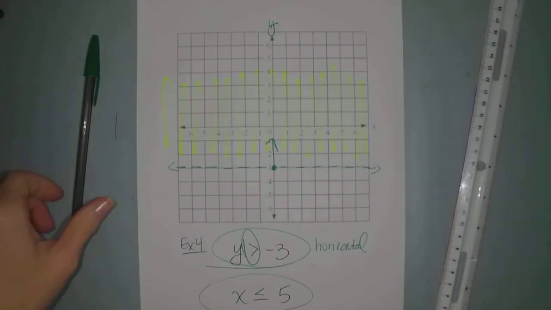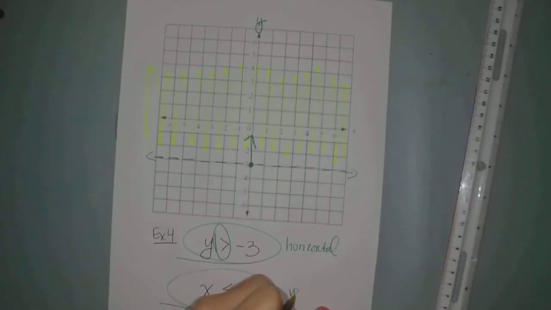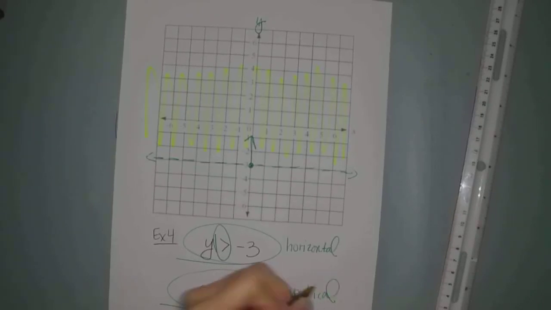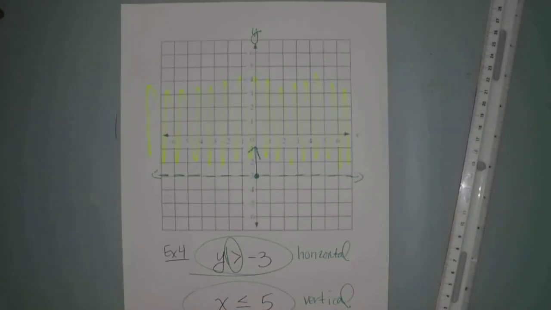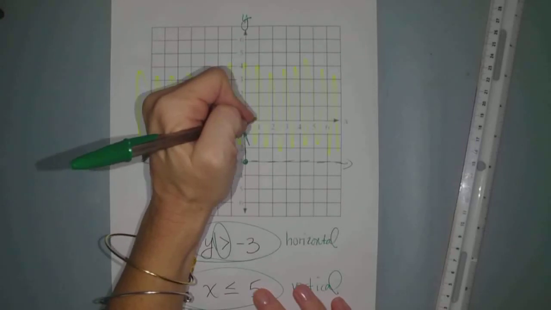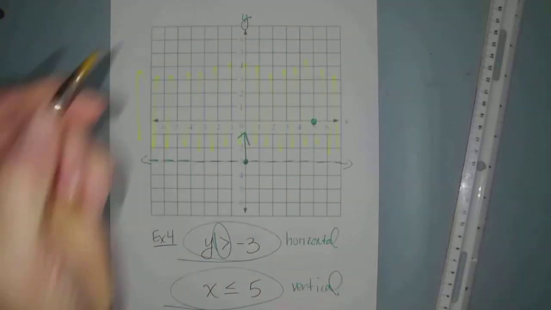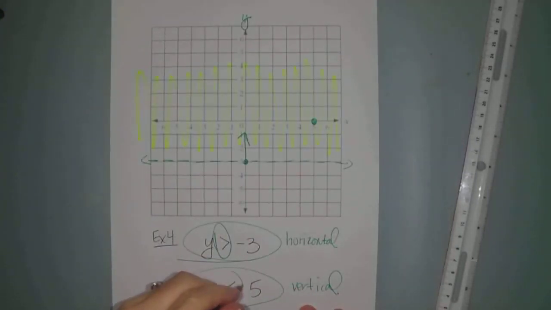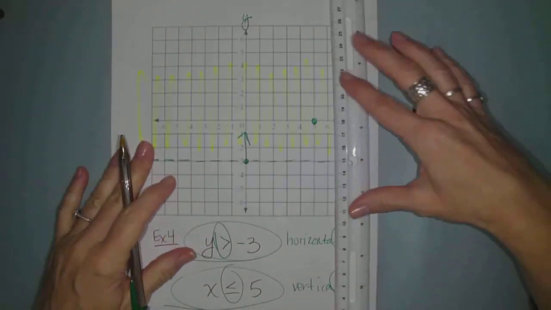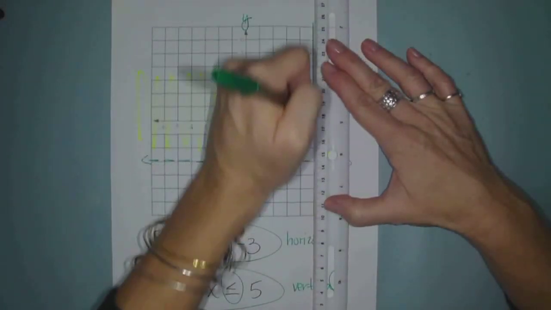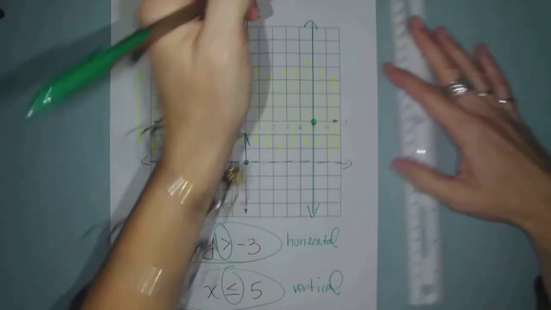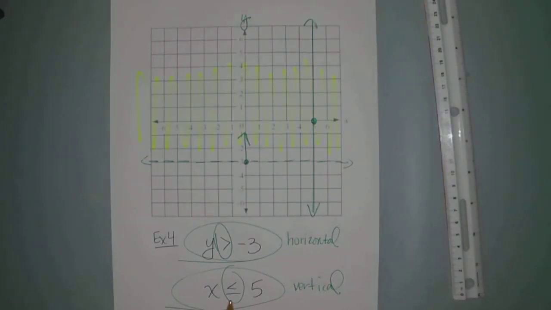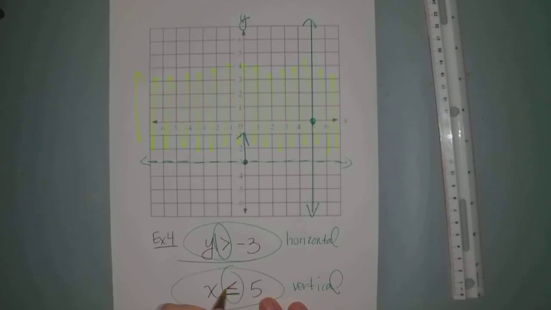And on the flip side, here you have your vertical line at 5 on the x. So we'll go over to 5 on the x, and we will draw a solid vertical line. And we will shade where x is less than that, less than x.